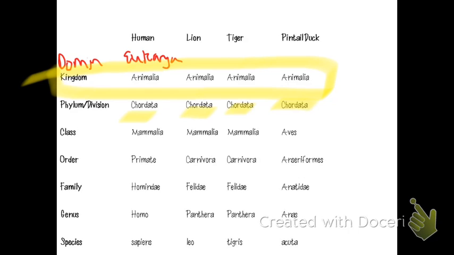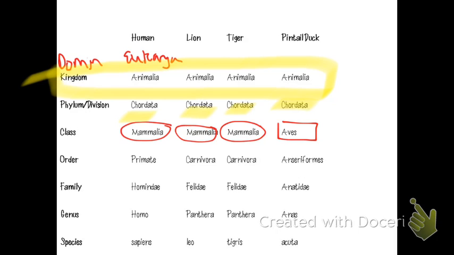In our classes, we see that humans, lions, and tigers are all in class Mammalia. We're all mammals. But our duck is now in a different class. It's in the Aves. So that means that the human, lion, and tiger are more closely related than any of them are to the pin-tailed duck.